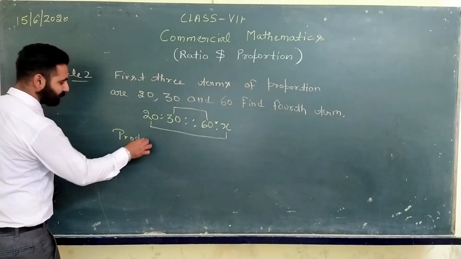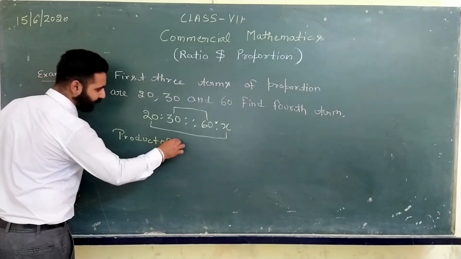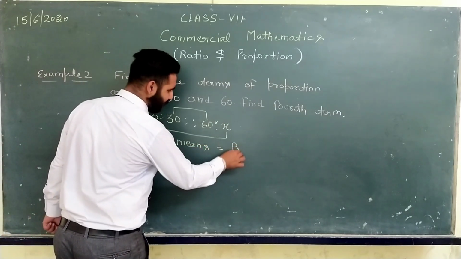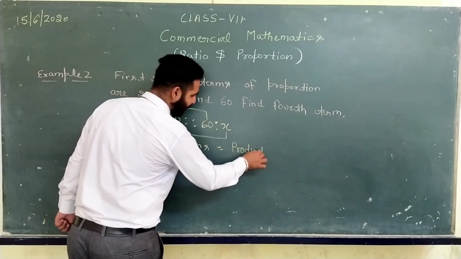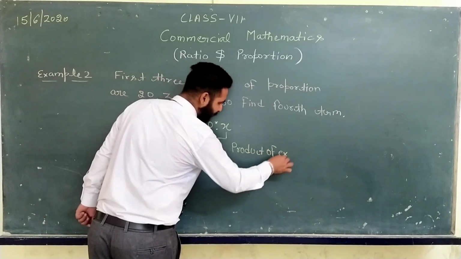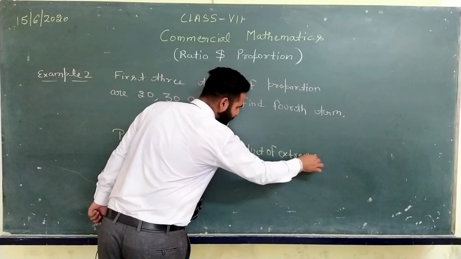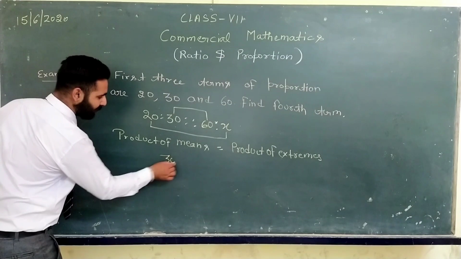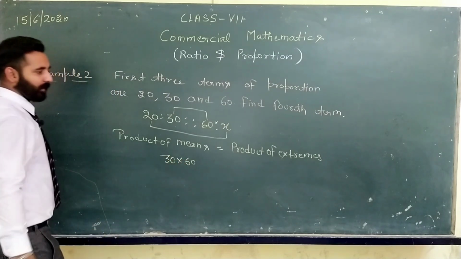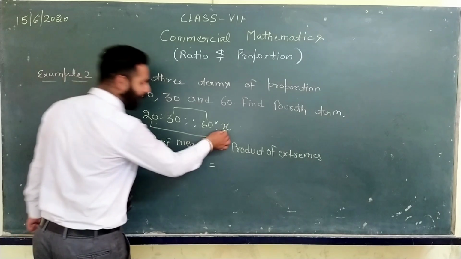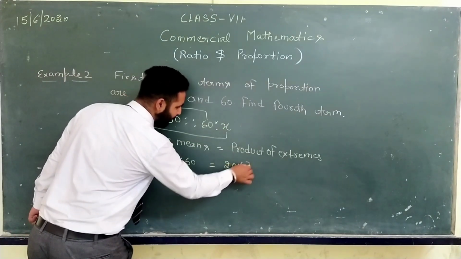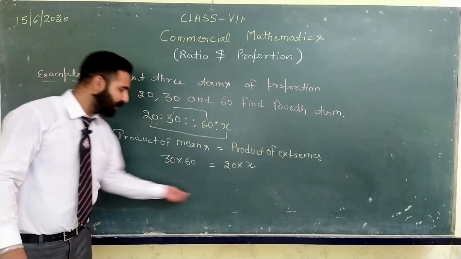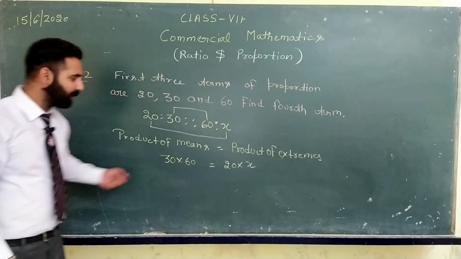The means here are 30 and 60, and extremes are 20 and x. 20 is in multiplication on this side; if I bring it to the left hand side, it will come in division.